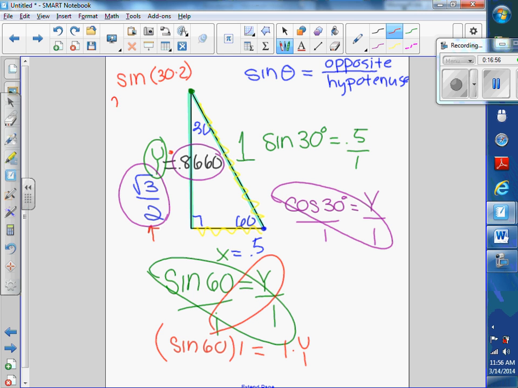What you have to do is, order of operations: you have to do the whole sine of 30 first, then close parentheses, and then times 2. Or put the 2 in front.